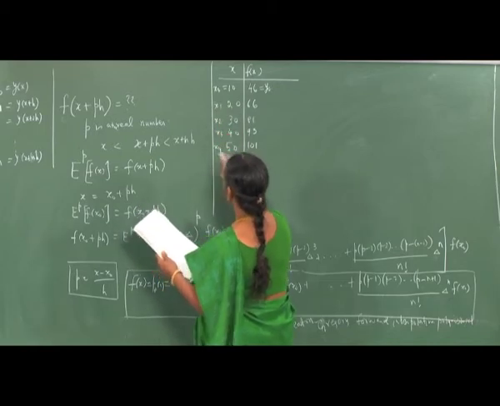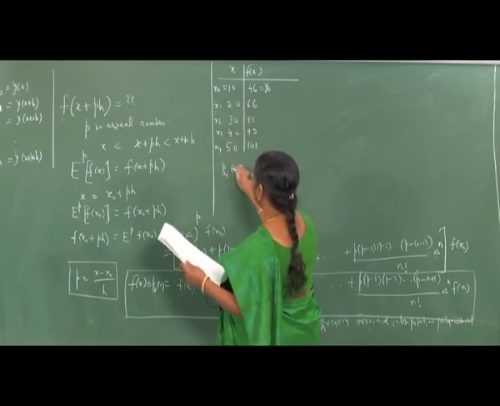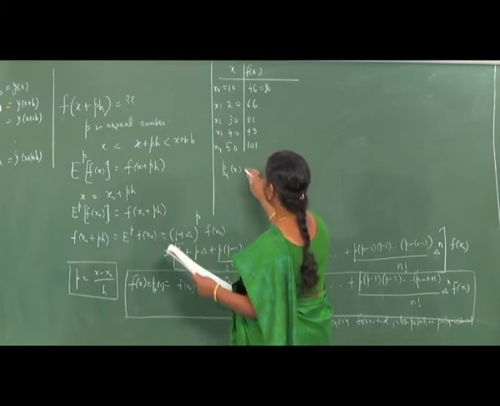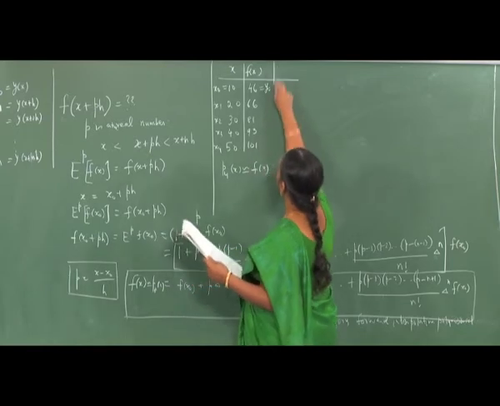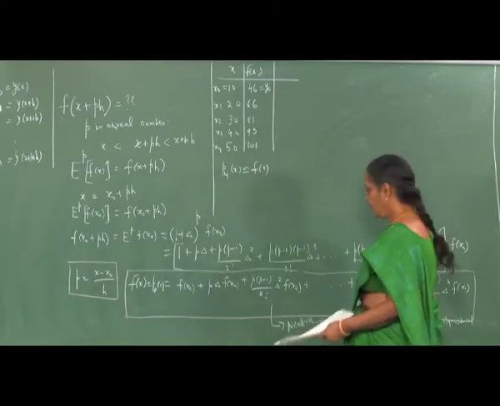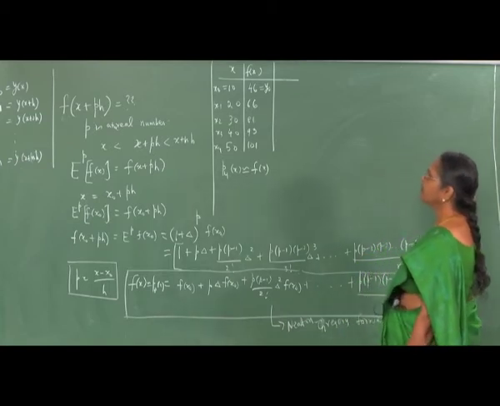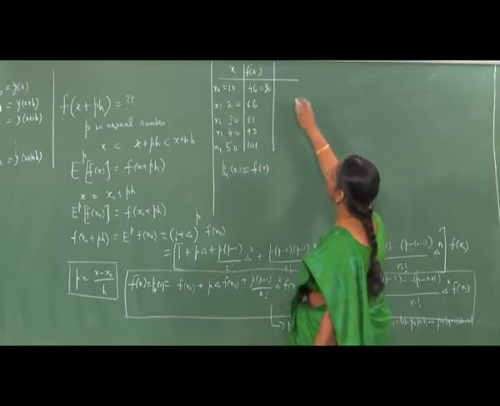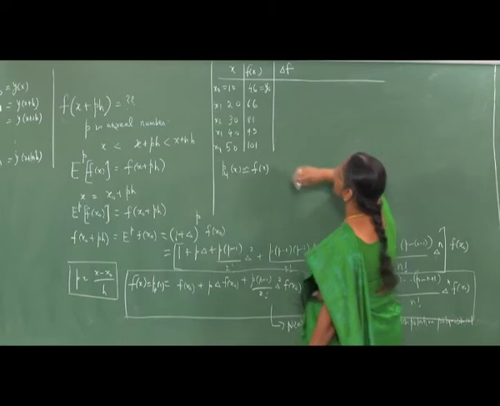We are given information at 5 points, so we can look for a polynomial of degree 4 that approximates the given function f of x. We want to make use of the forward interpolation polynomial because we observe that the x values are equally spaced. So, we form the forward differences.